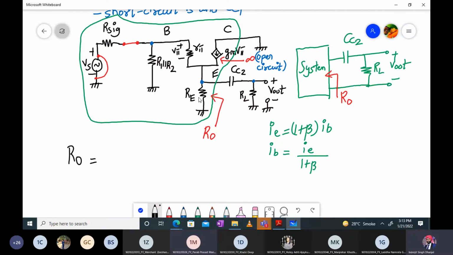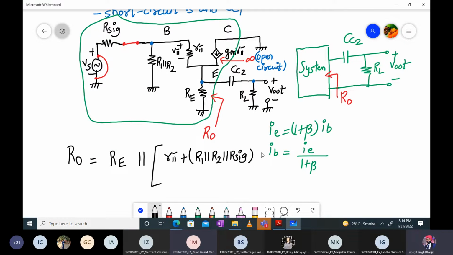RO will be given by RE parallel to R pi plus R1 parallel to R2 parallel to R sig, right?